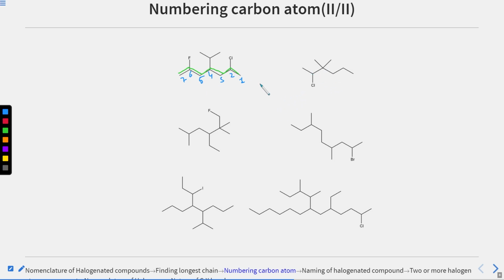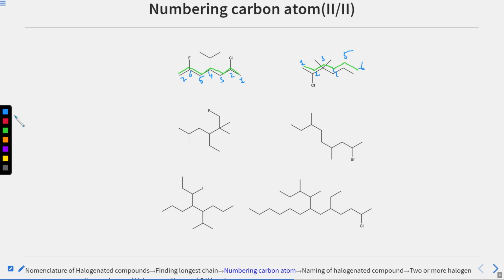Next, we have found that okay, this is the longest chain possible in the earlier slides. Now we can do the numbering from right. We can do the numbering from left. So it is very clearly visible that if we do it from here, then this will get the smaller number 2. Clear?